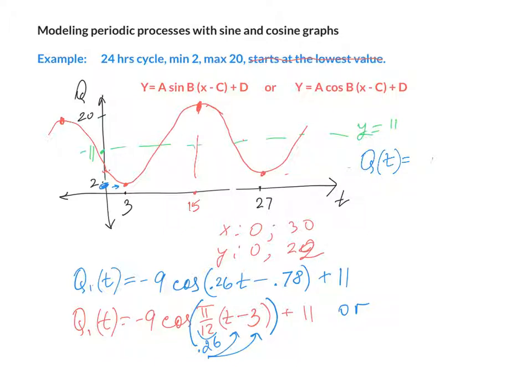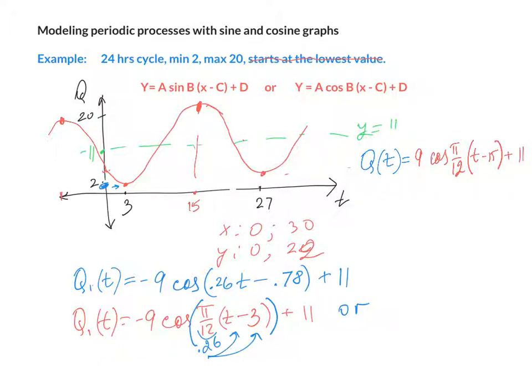So then I would not need to flip it over. So here's my equation, 9 positive cosine, the same frequency. I definitely want to have this format explicit for phase shift, because now I am shifting my graph 15 units to the right. And everything else is exactly the same.